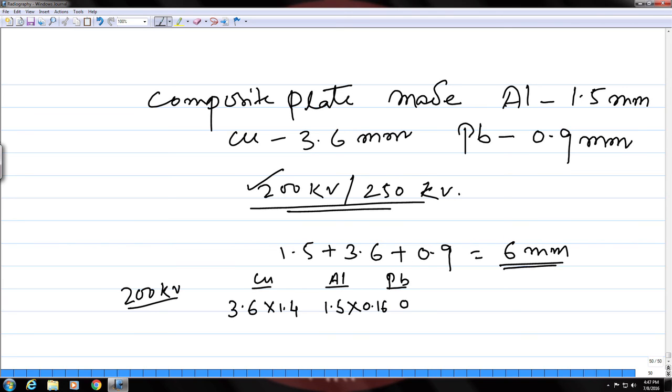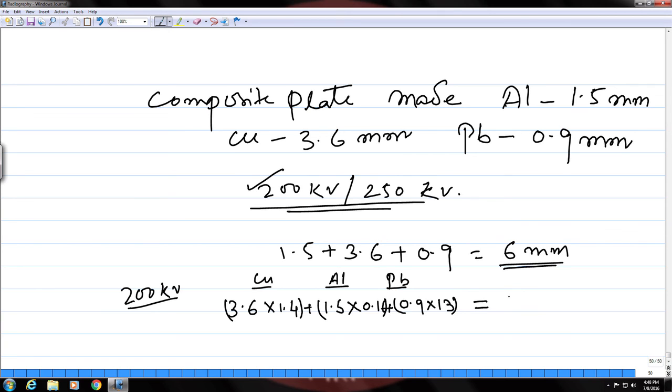Similarly, lead is 0.9 mm and the conversion factor is 13. Okay. So, this will give you the thickness at a particular voltage.